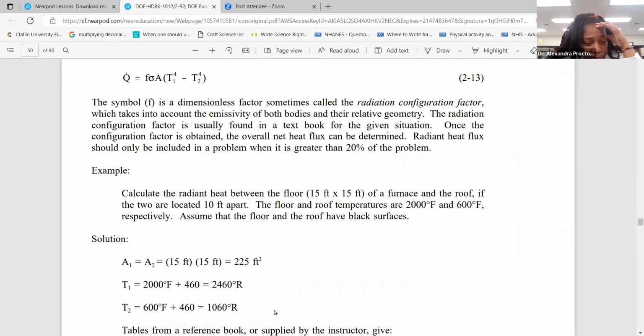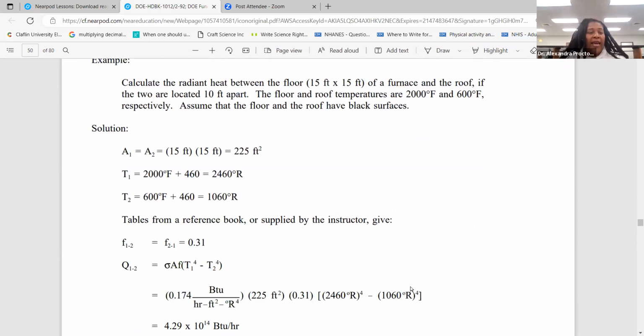For T1, they converted degrees Fahrenheit to Rankine by adding 460 to each of those temperatures. So T1 is 2,460 degrees Rankine, and T2 is 1,060 degrees Rankine.